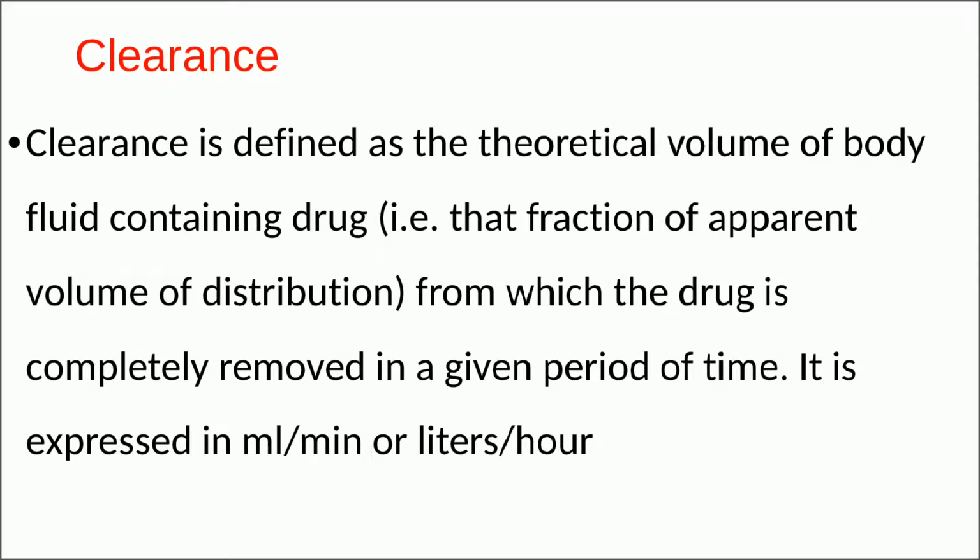What is clearance? Clearance is defined as the theoretical volume of body fluid containing drug, the fraction of apparent volume of distribution from which the drug is completely removed in a given period of time. It is expressed in ml per minute or liters per hour.